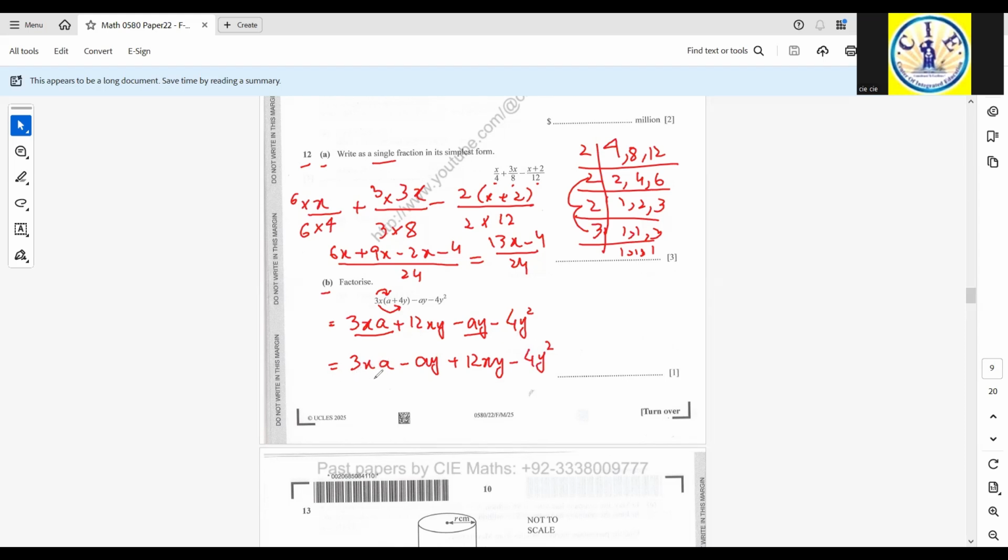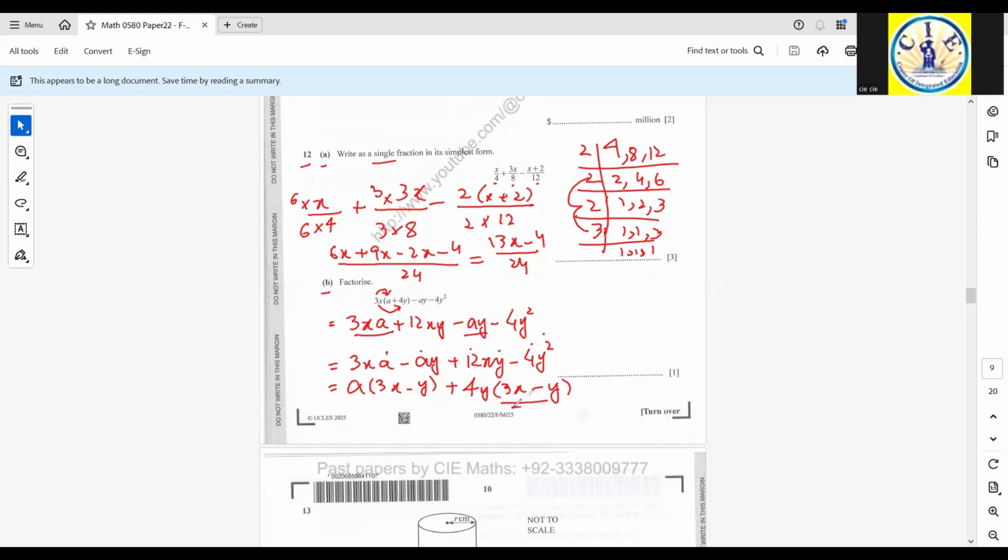Now I can see that a is common from the first two terms, taking it common, 3x minus y, then from here, 4 is common and y is common. So 4y, 3x minus y.